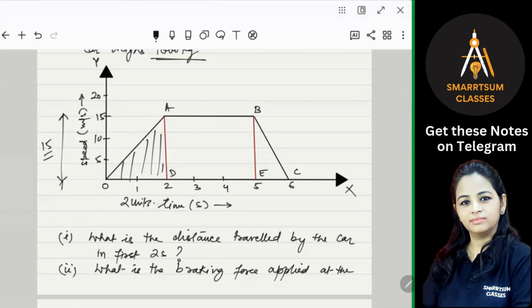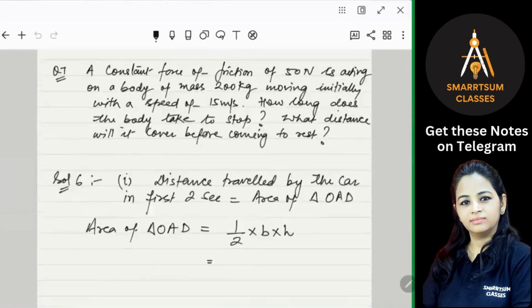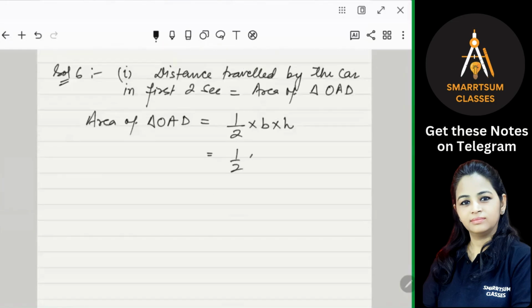So base is 2 and height is 15. You can read on the x-axis and the y-axis for B and H, and you can put the same here. So half into base is 2 and height is 15. 2 will cancel and this will become 15 meters. Is that clear? So what is the distance traveled by the car in first 2 seconds? That is 15 meters.